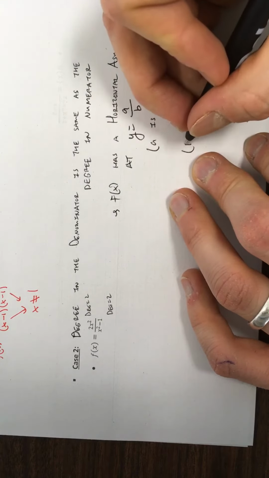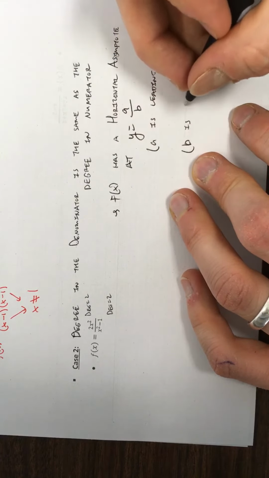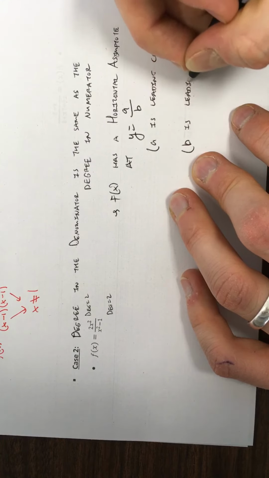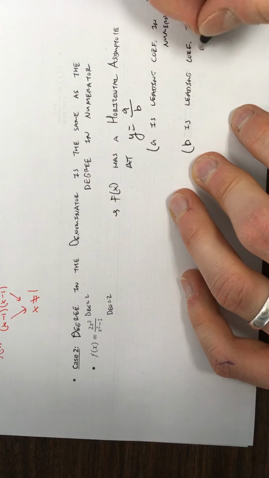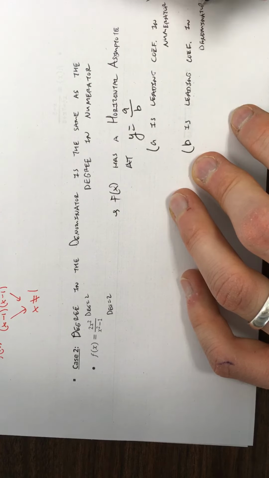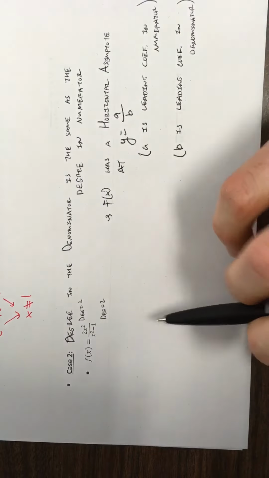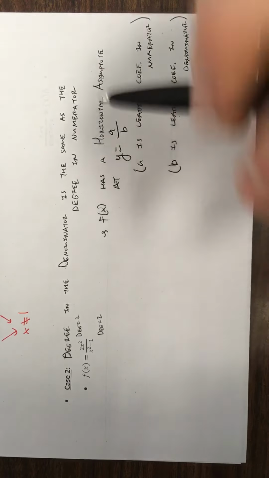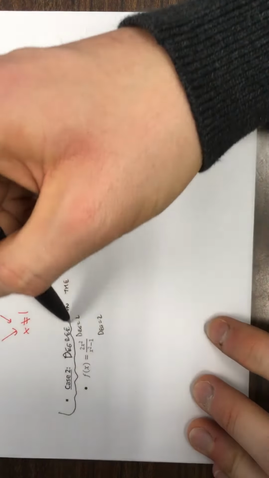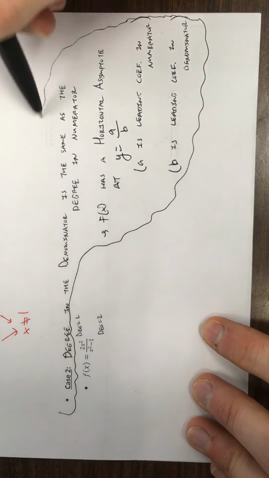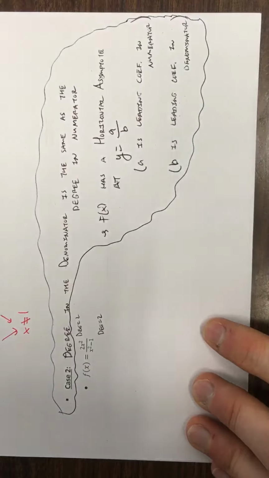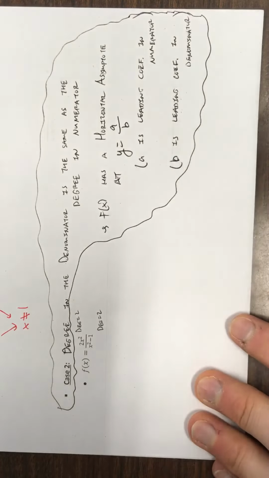B is the leading coefficient in the denominator. So for example here, our degrees are both 2. This case always is true. If the degrees are the same, we take the leading coefficients and divide them, and that tells us where the horizontal asymptote is.